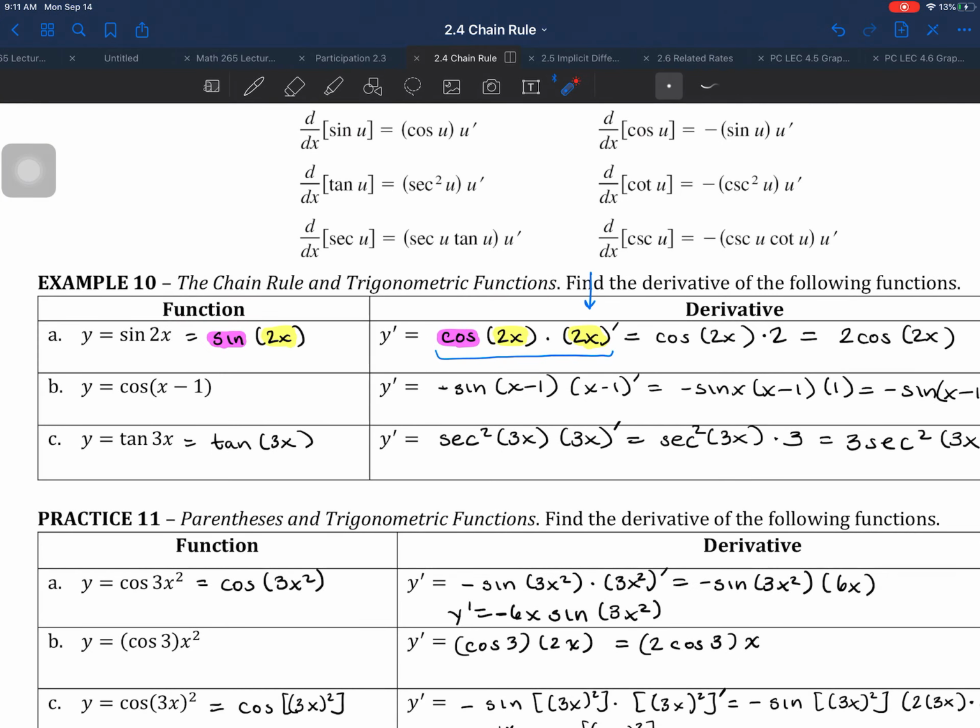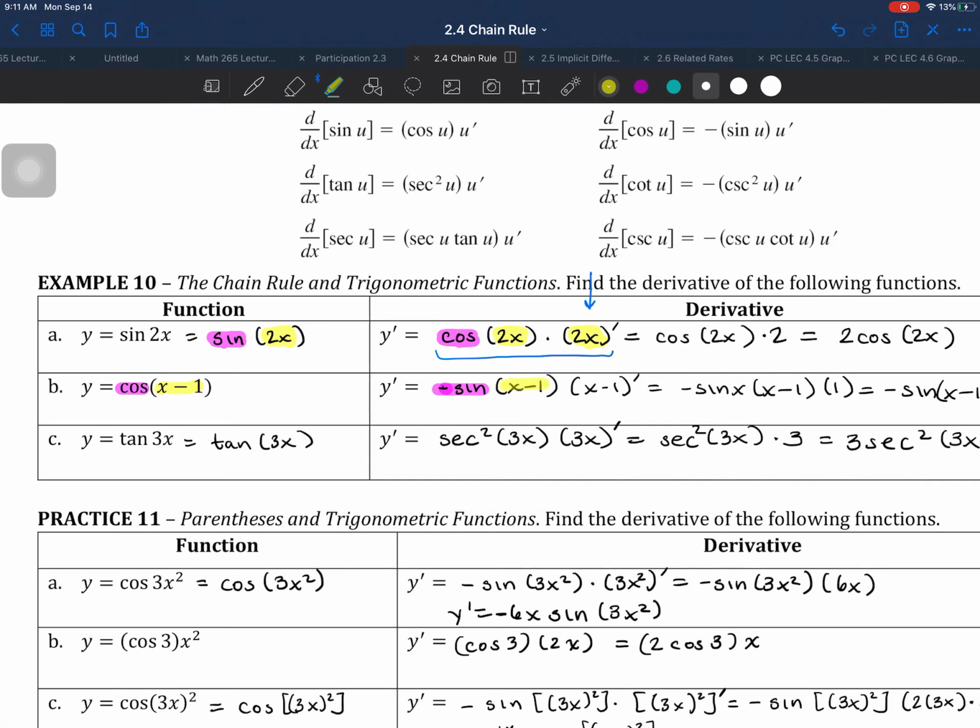Next one, cosine of x minus 1. Obviously x minus 1 is the inside of the cosine, so this might be a little easier for us to visualize. Sorry, that's the outside and this is the inside. The derivative of the outside is this one right here: the derivative of cosine is negative sine.